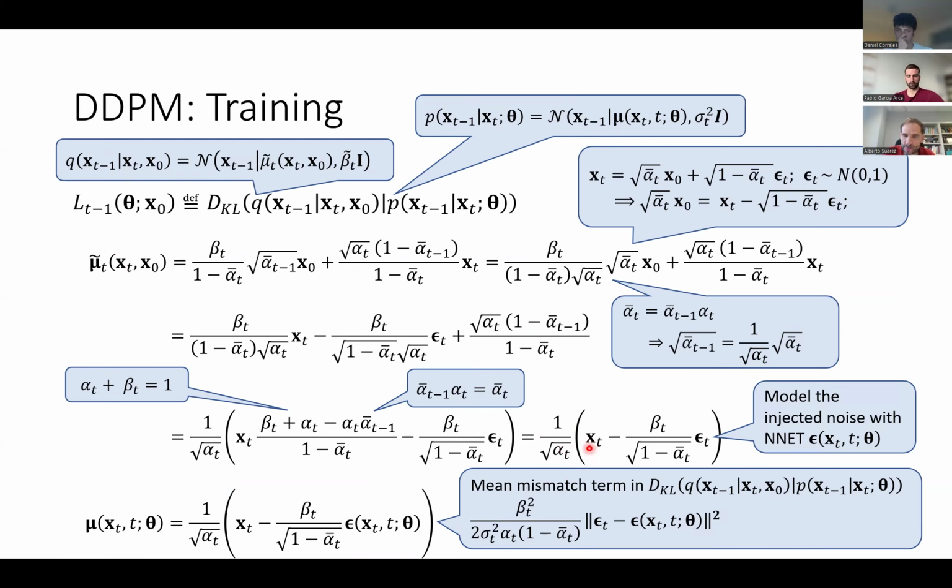Mu tilde is basically the noisy image minus some coefficient that is known, because beta of t and alpha of t are known; they are something that the user doing the modeling has specified. It's a deterministic function of time. And here is the noise that you injected into x0 to get xt.